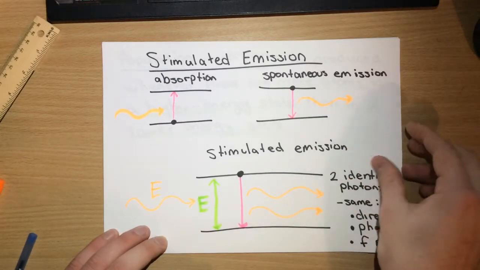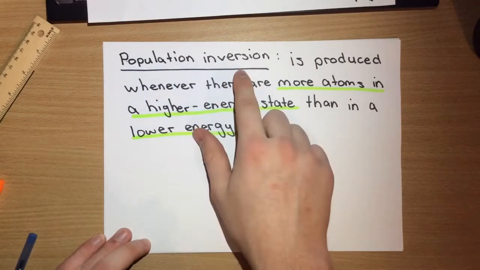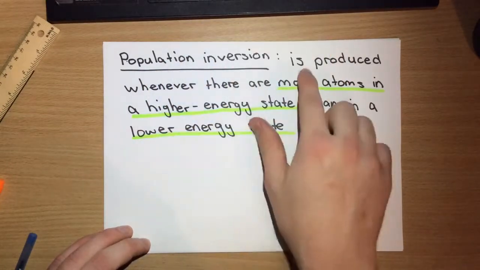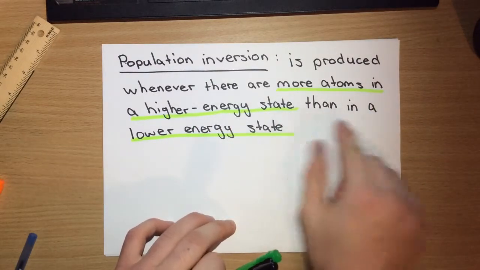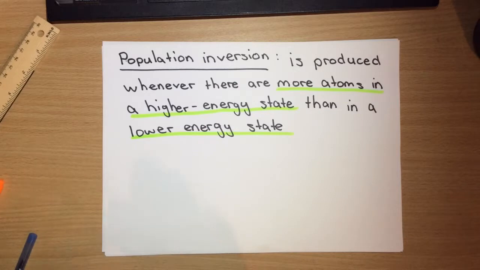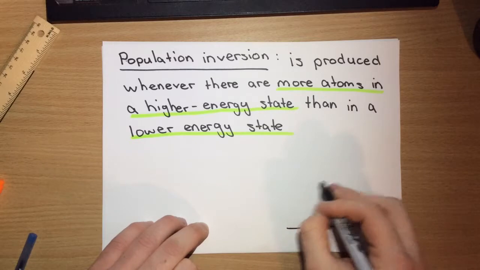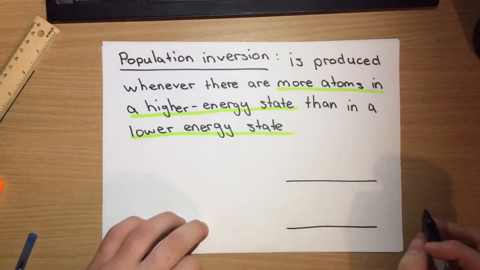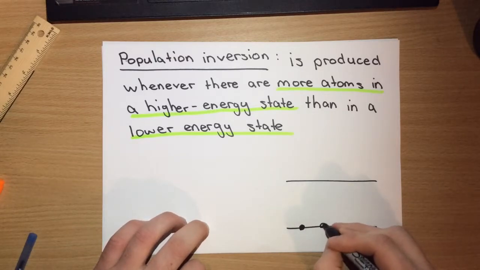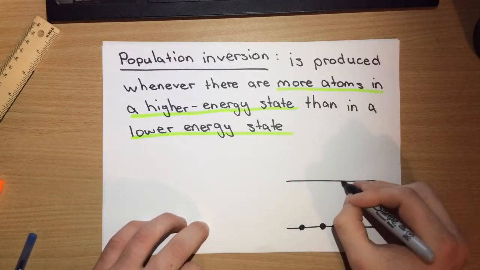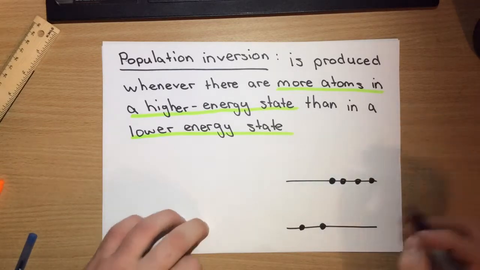Okay, and we're going to have a look at what that means right now. Population inversion. So I'd like you to take this down. A population inversion is produced whenever there are more atoms in a higher energy state than in a lower energy state. If we draw our energy levels and look at some electrons, which I'll represent by dots, to have a population inversion I might have some in the lower energy level, but I'm going to have more of them in the higher energy level.